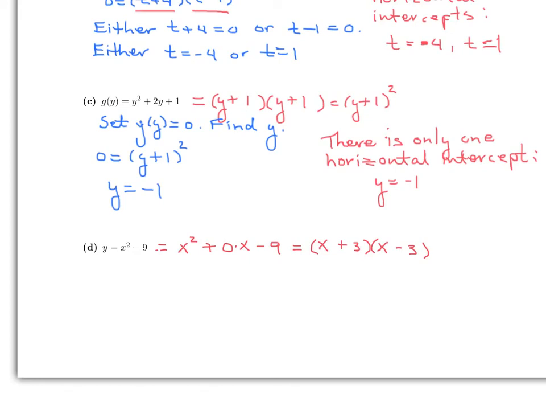Now let's find the horizontal intercepts. We set our output equal to 0, and in this case we have to find x.